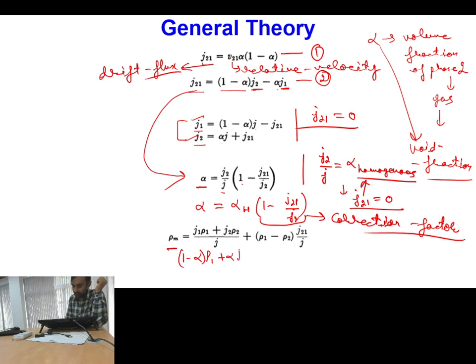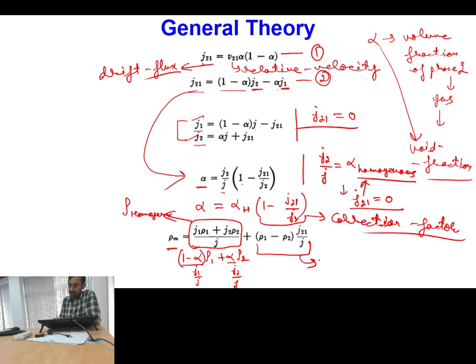And this 1 minus alpha we were simply writing as J1 by J, and this alpha we were writing as J2 by J. So this is now nothing but density for homogeneous flow. If you consider the relative motion, then you will have some additional correction factor. So this is the correction factor in density.